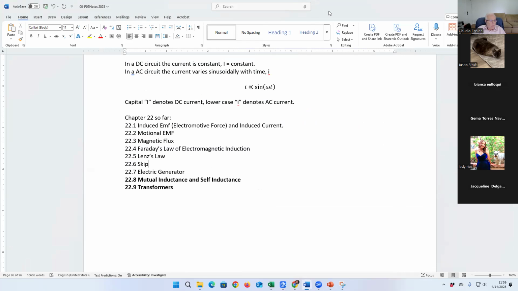Section 22.6 is applications of electromagnetic induction, including sound. We're skipping that. So we cover all of that, and now we are left with those 2 sections.